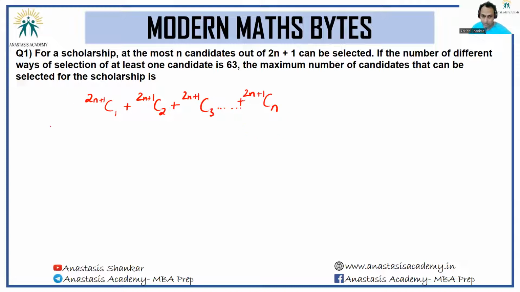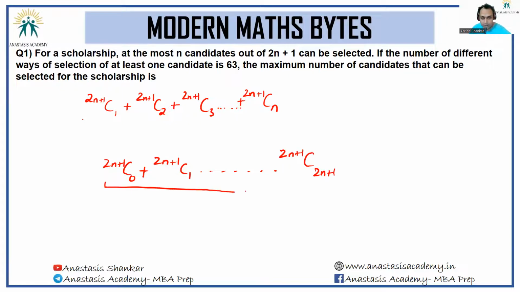Now, the beautiful thing that you can see is we know 2n plus 1 C0 plus all the way up till 2n plus 1 C2n plus 1. This entire thing should be equal to 2 raised to the power 2n plus 1.